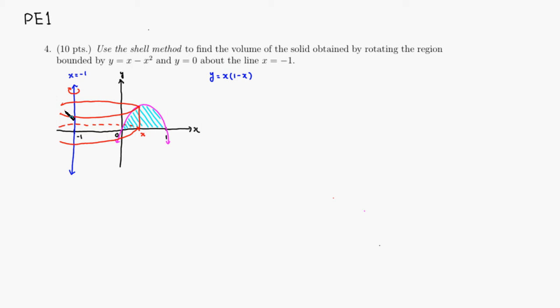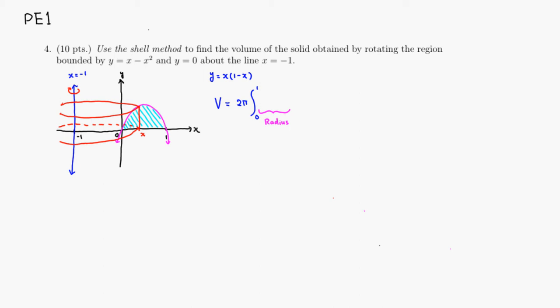Alright, so let's set up the integral here. The volume using the shell method: you're going to have 2 pi in front, and the integral. The region goes from 0 to 1, so here's 0 to 1. What we need here is the radius.